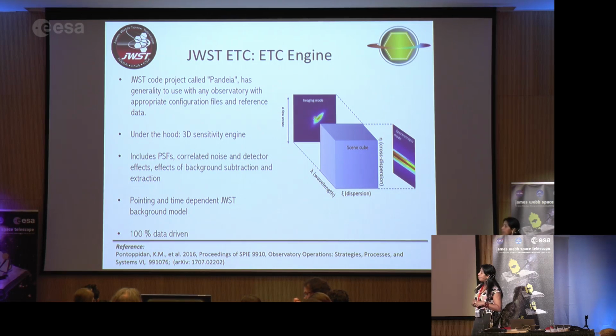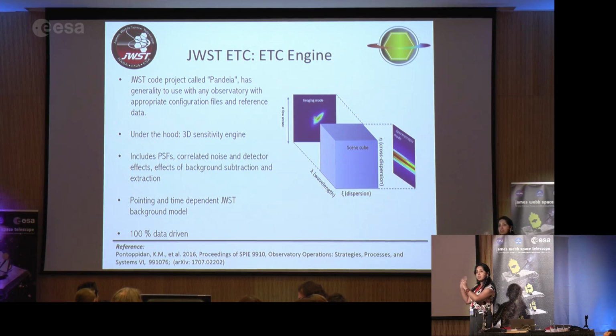So basically it's a 3D sensitivity engine, in the sense that it simulates the flux distribution in the two-dimensional spatial axis, and then that spatial axis is recreated for the flux at different wavelengths. So that is the third axis. Depending on whether you're in imaging mode or spectroscopy mode, you project that scene cube accordingly.